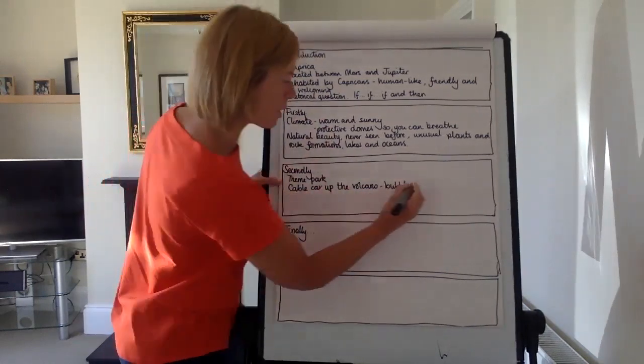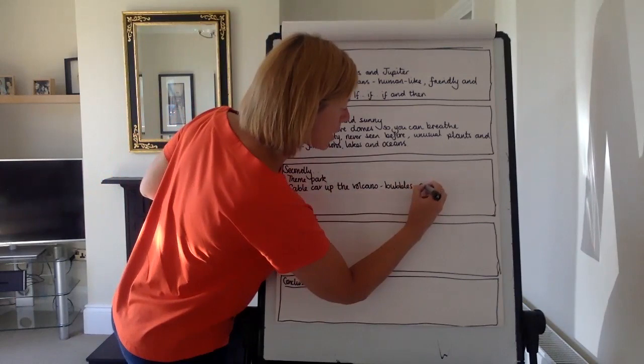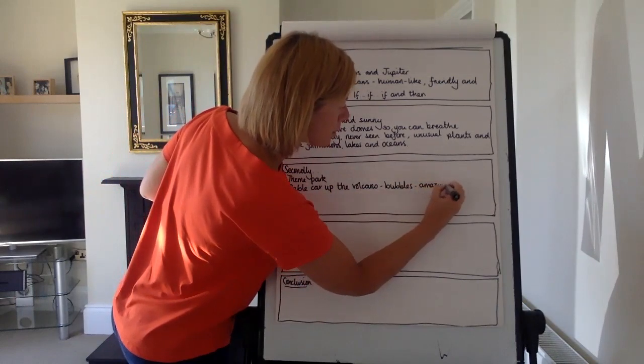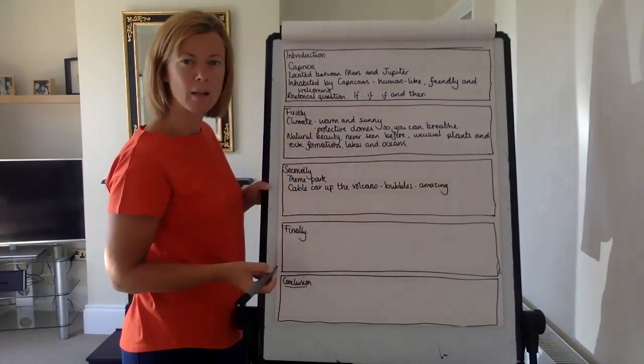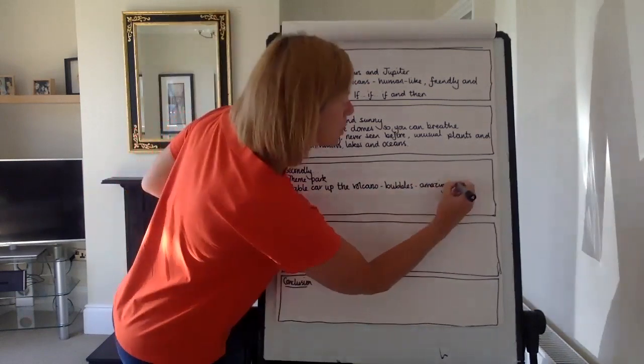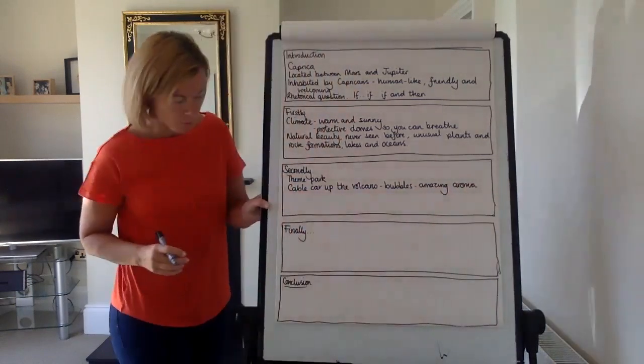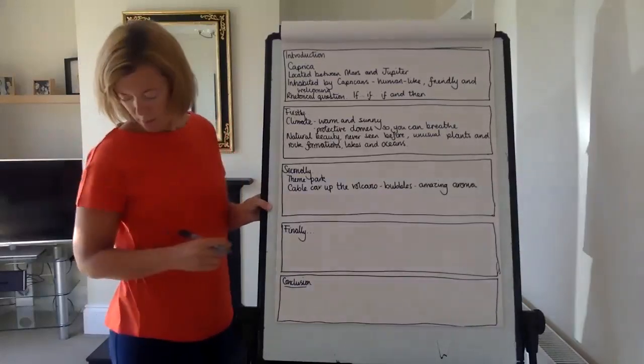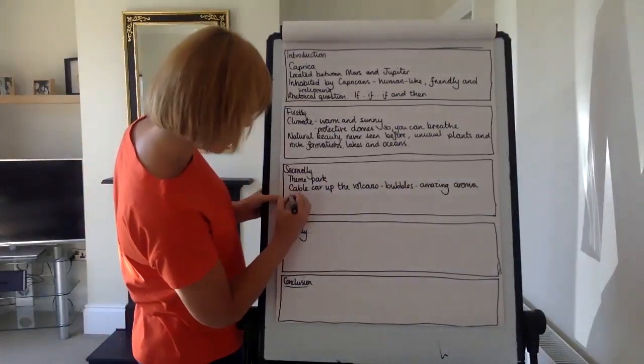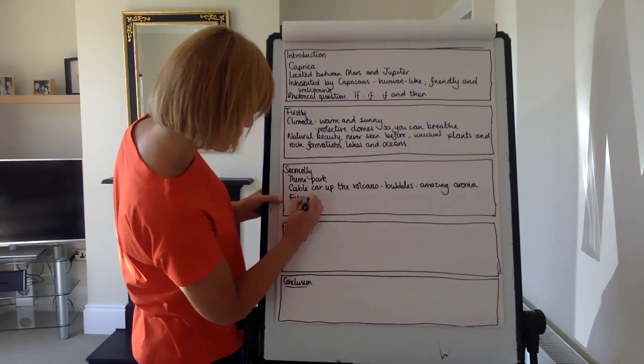Cable car up the volcano, bubbles, amazing. What's a better word than smell? Aroma, amazing aroma. Oh, that sounds good together, doesn't it? Okay, so cable car, theme park. Like I said, there are fascinating places to visit.